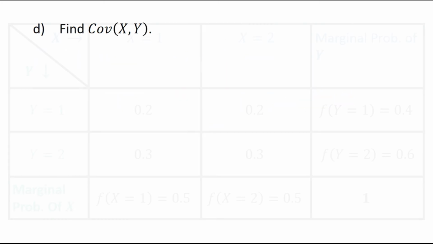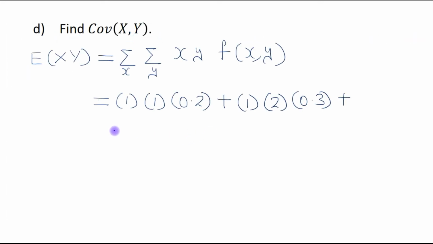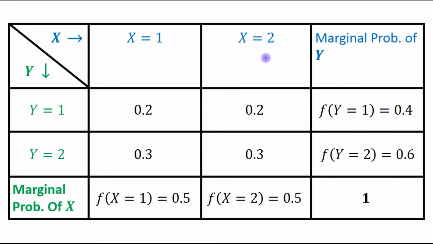plus when x equals to 2 and y equals to 1, their joint probability is 0.2. And when x equals to 2 and y equals to 2, their joint probability is 0.3.